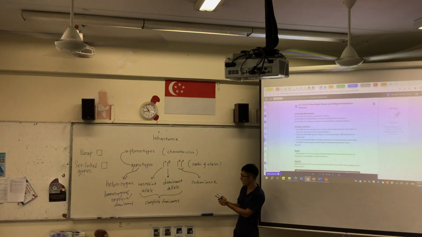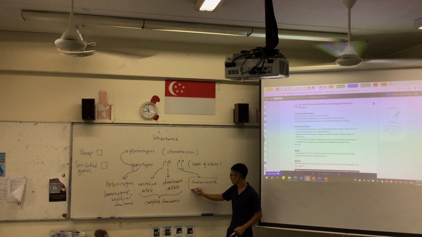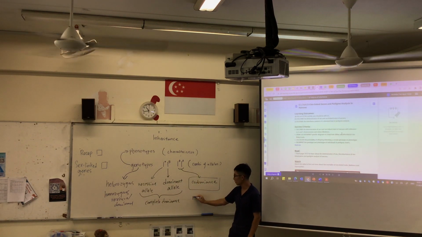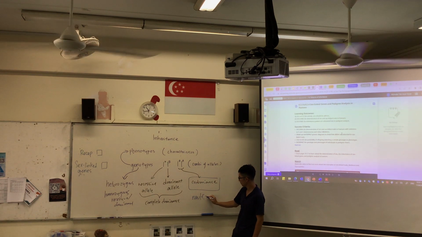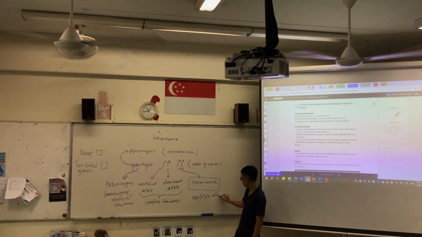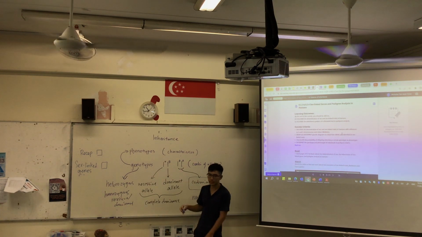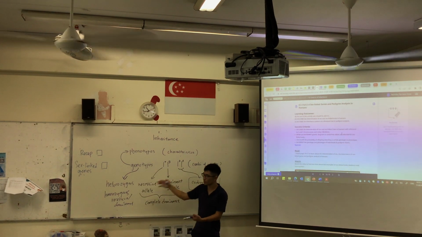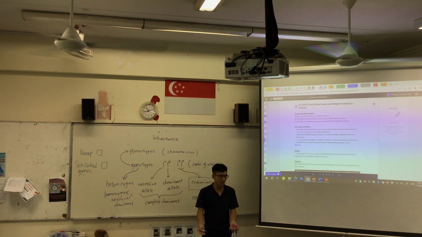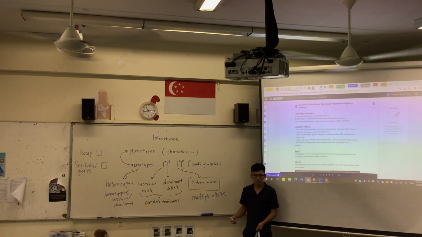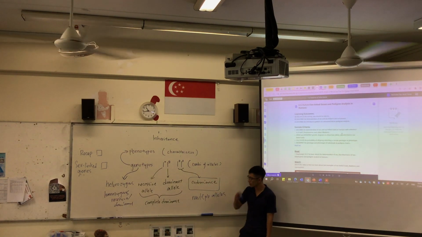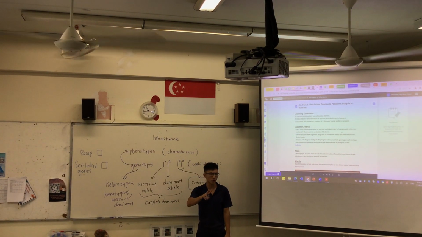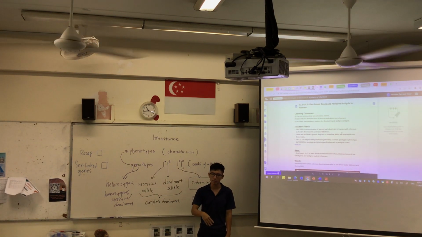Last week we stopped at the concept of codominance as well as multiple alleles. We learned that although we started off with the simple concept of dominant and recessive alleles, in reality, if you look in the real world, it's not really the case where you always find only two different versions of an allele, one dominant, one recessive.